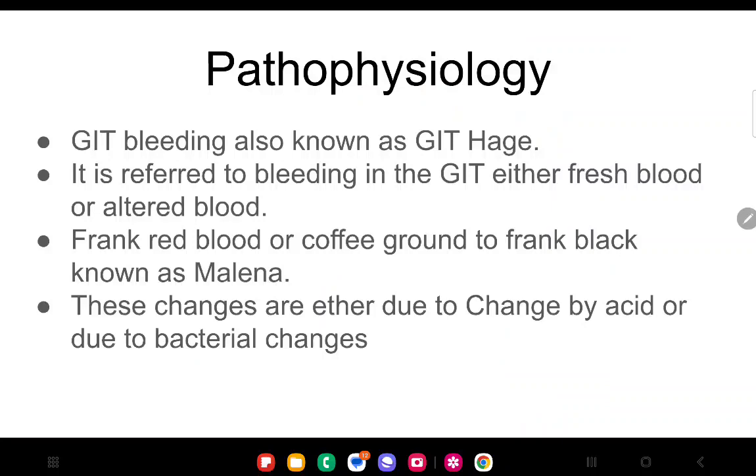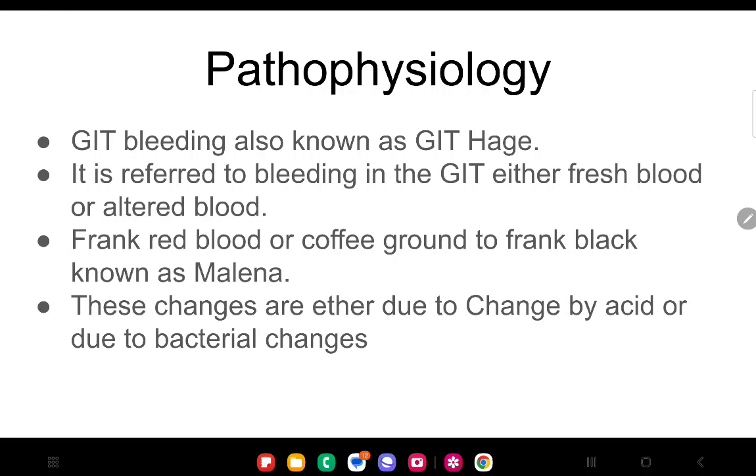Or the patient with upper GIT bleeding can pass fresh blood through the anus, or blood mixed with the stool, what is called hematochezia, or he can pass black stool, which is called melena.